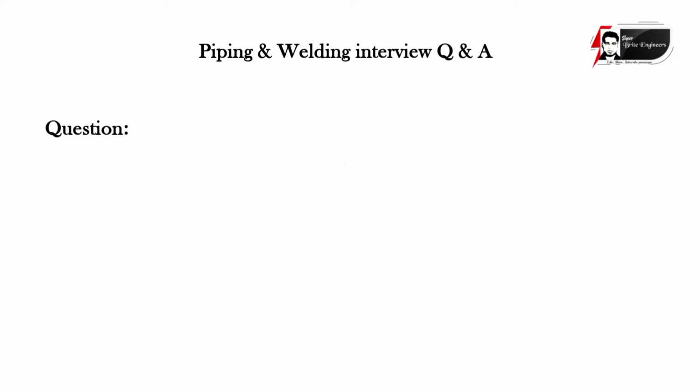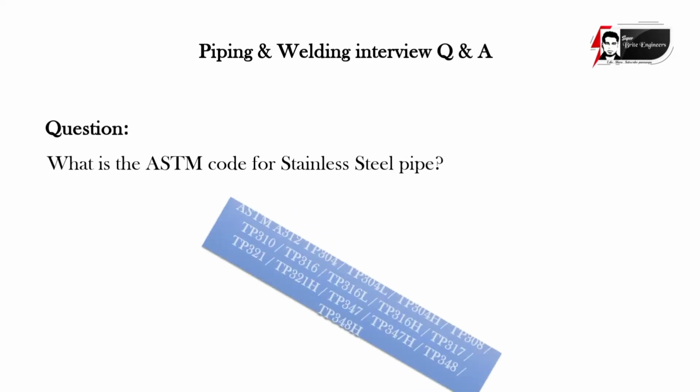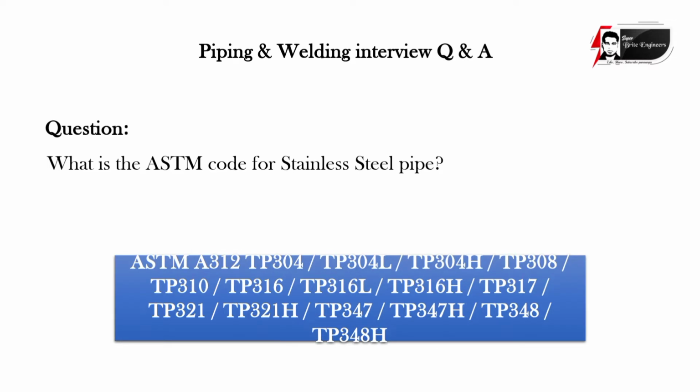What is the ASTM code for stainless steel? ASTM A312 TP 304, TP 304L, TP 304H, TP 308, TP 310, TP 316, TP 316L, TP 316H, TP 317, TP 321, TP 321H, TP 347, TP 347H, TP 348, TP 348H.